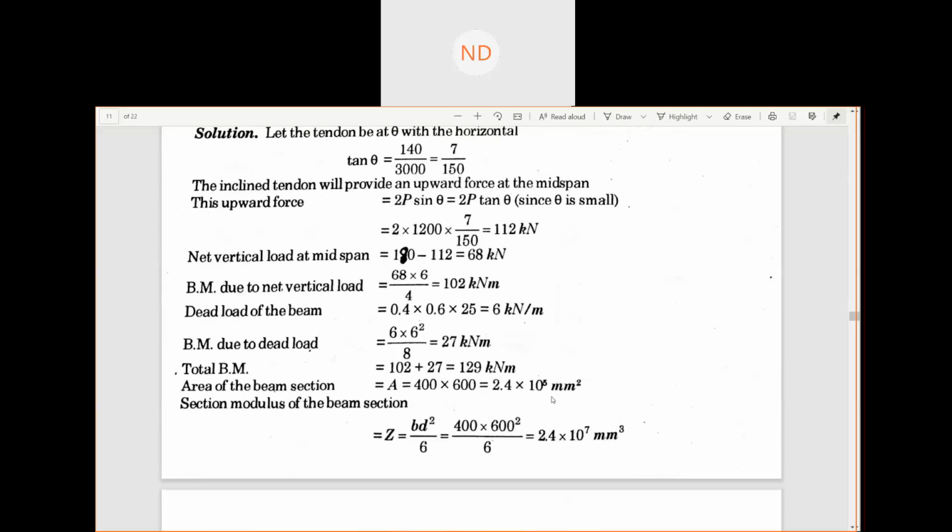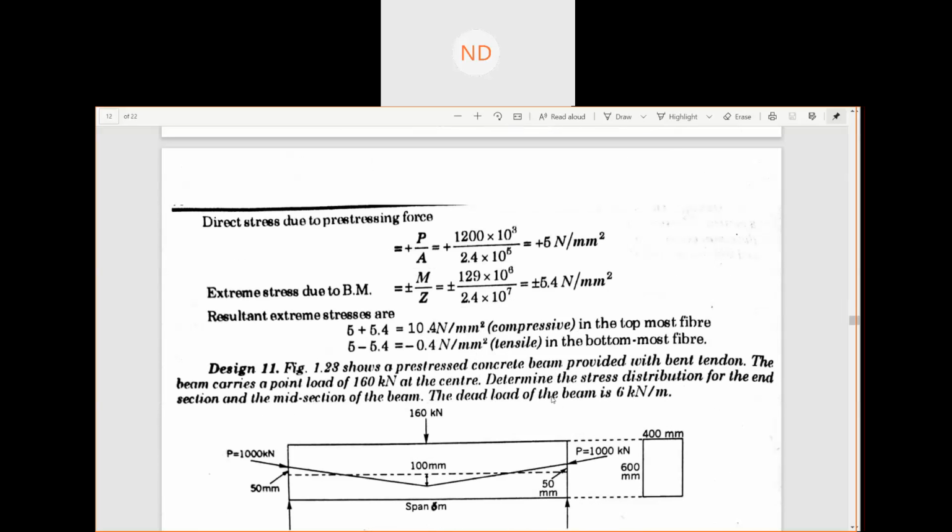Now in the next question, write down the question. This figure shows a pre-stressed concrete beam provided with bend tendon. This is also a bend tendon like the previous question. But here in this particular question, what is happening?